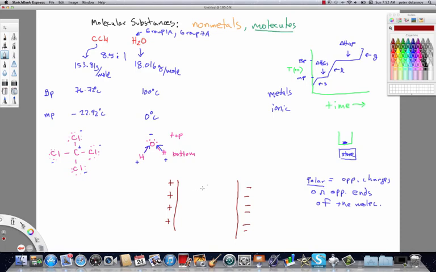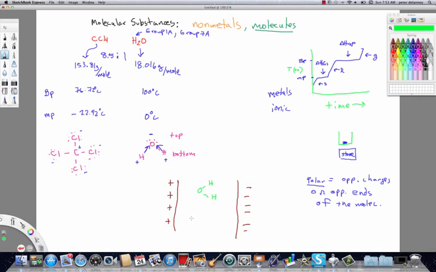And the water molecule, when it's placed between these plates, is going to line up like this. It's going to be flipped so that the hydrogens face towards the negative poles and the oxygen is faced towards the positive poles. All right.